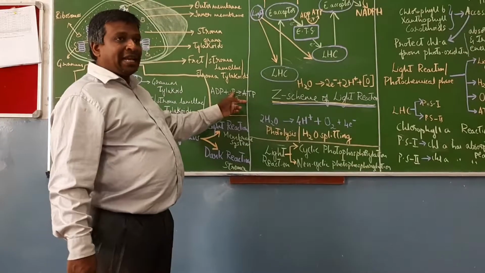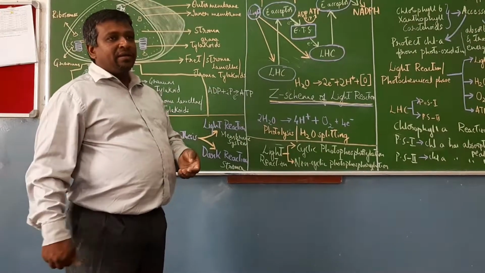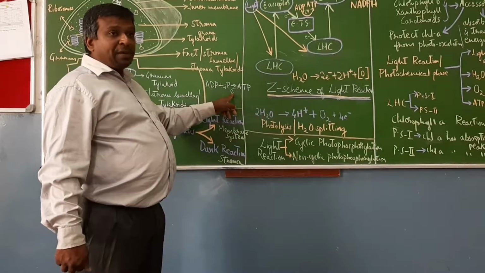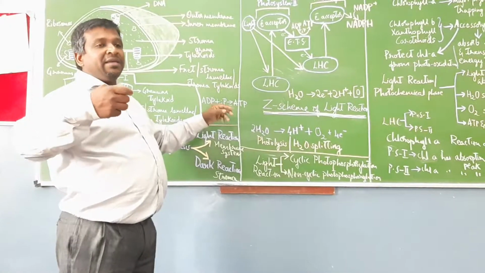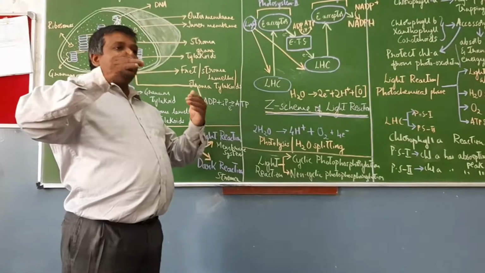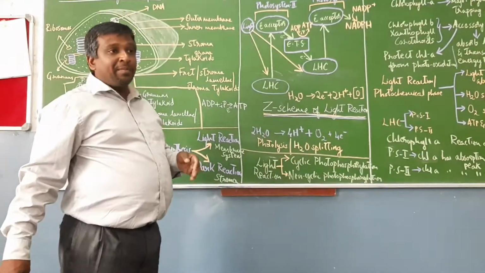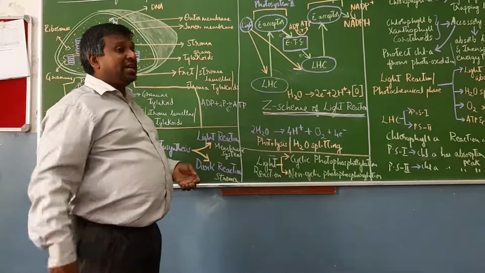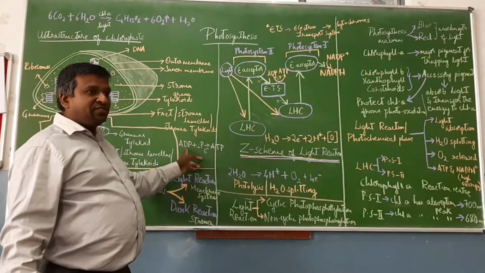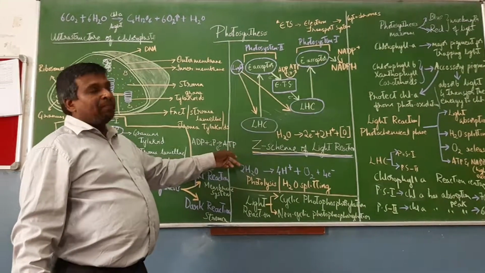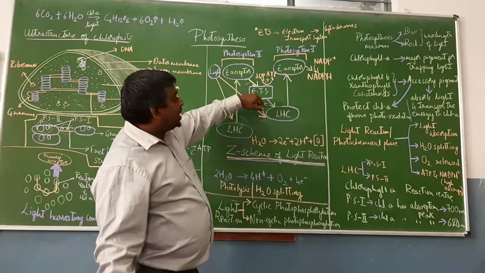You might have studied in atoms that whenever electrons are excited, they jump from a lower orbital to a higher orbital. They have come completely outside the molecule because they have a high amount of energy. That energy is utilized for the formation of ATP, as the electrons pass through the electron transport system.